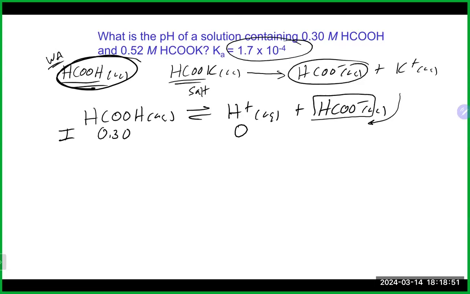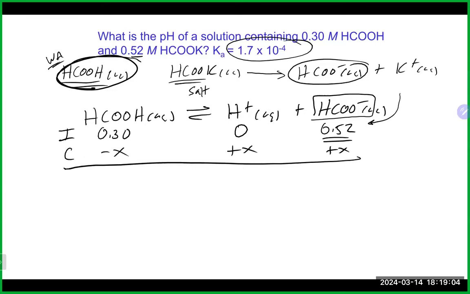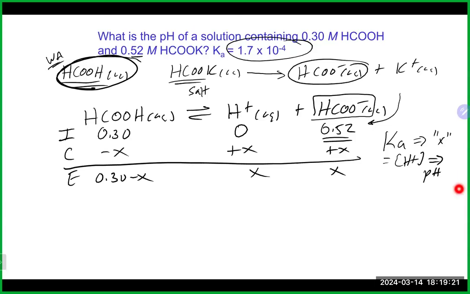And that is going to be 0.52 molar. So again, it's really important that you do have a value there, and it's not 0. Then minus X, plus X, plus X. And at equilibrium, 0.3 minus X, X, and X. Now, if you took this approach just like normal, you would go into the Ka and solve for X. X in this case would equal your H plus concentration, and that would allow you to get to the pH.